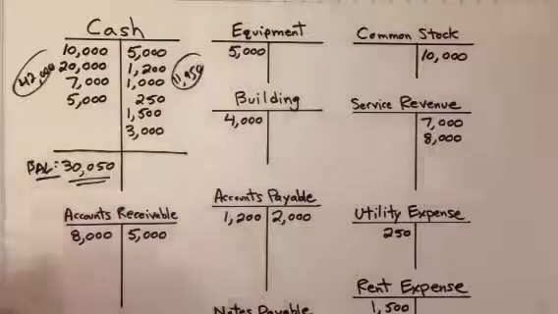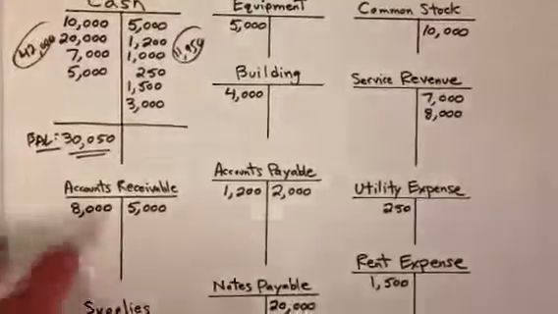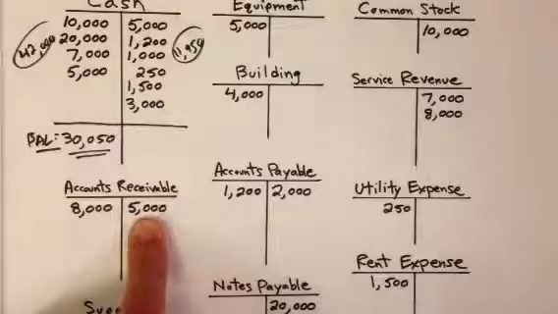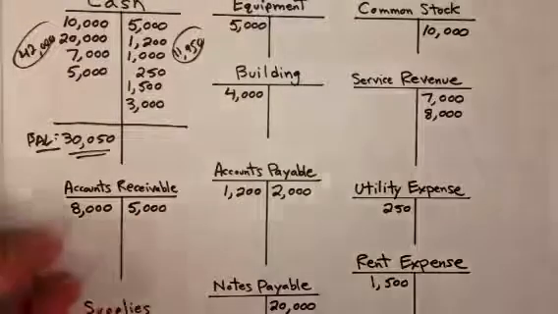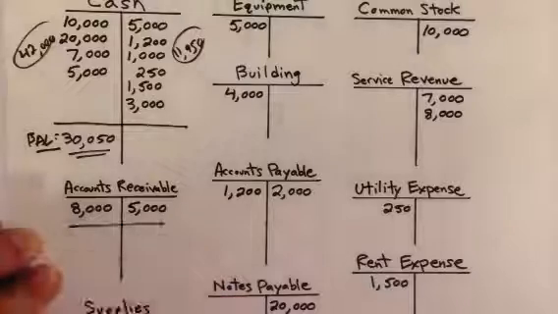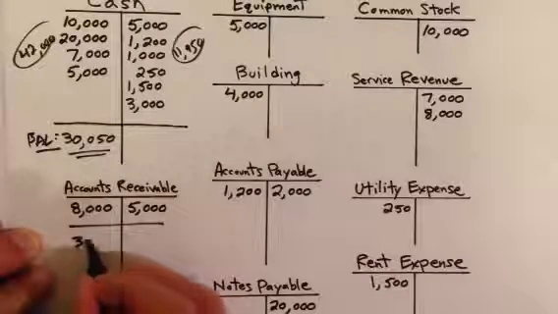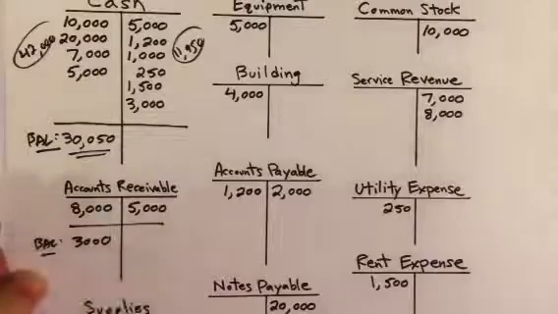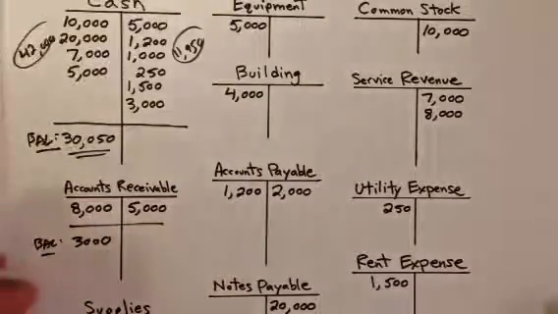Down here at the accounts receivable, we see we originally had a debit for $8,000 and then a credit for $5,000. So it looks like someone paid off part of their account there. What's the balance? The remaining balance? $3,000 on the debit side. It's got a $3,000 debit balance. Let's look at some other balances here.